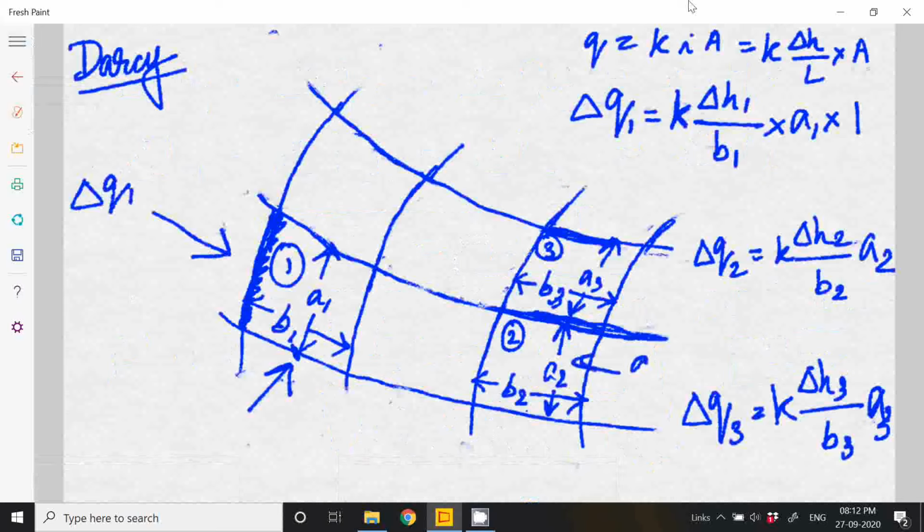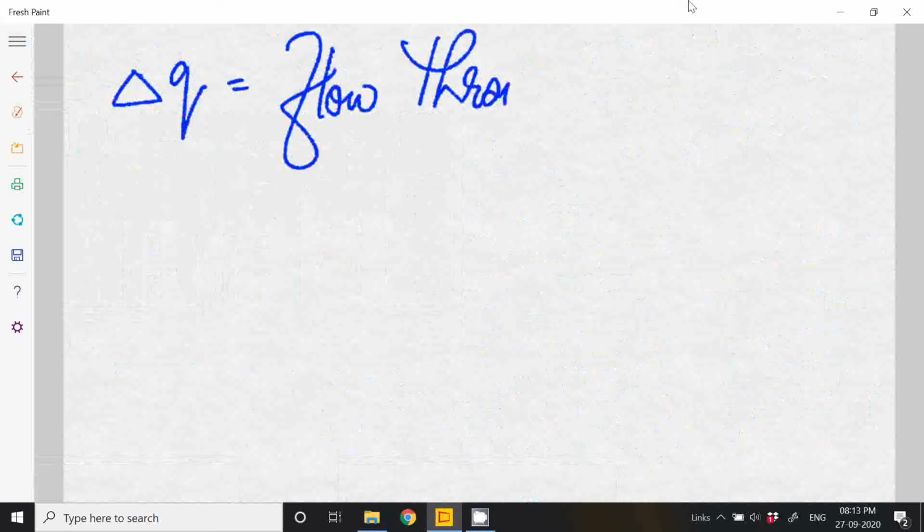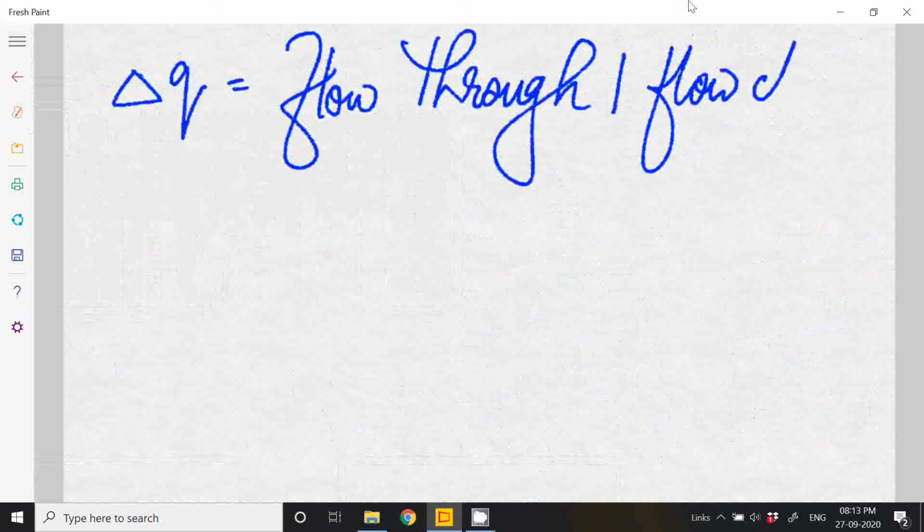Here it was delta q2. Everything was actually equal to delta q, isn't it? So delta q was the flow through one flow channel. You can write this down: delta q is the flow through one flow channel.